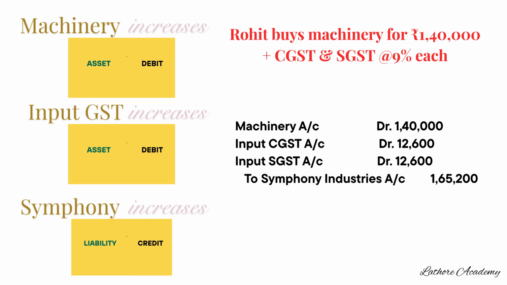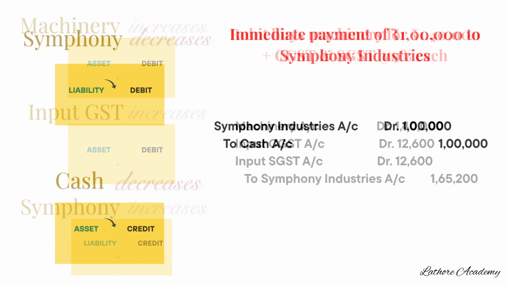Machinery account 1,40,000. On that GST if we charge 9% it will come to 12,600. So we have to split it accordingly. And Symphony Industries is a liability, we owe them, so we have to credit Symphony Industries 1,65,200.